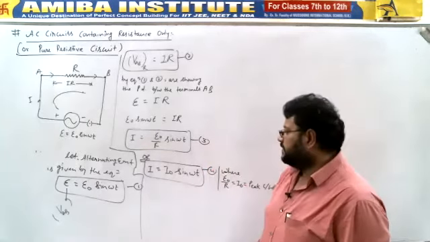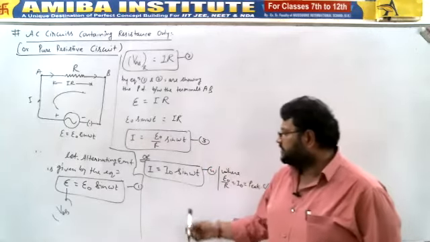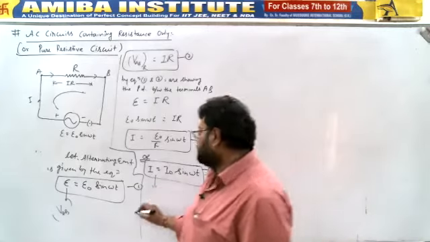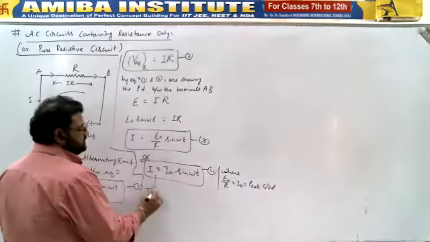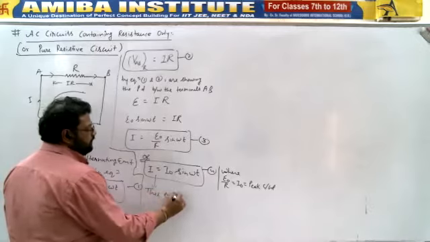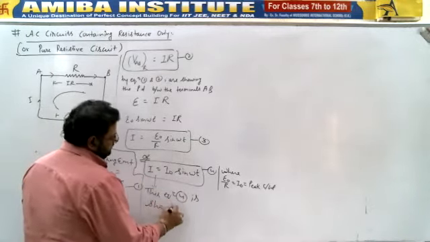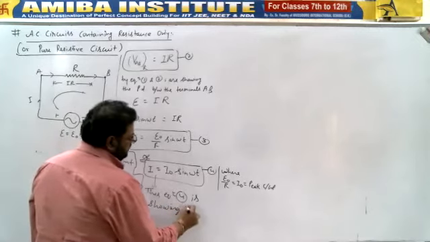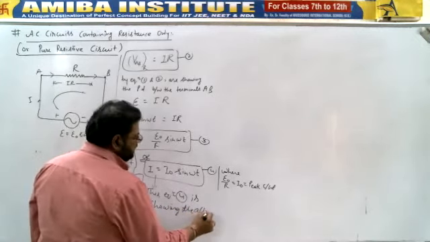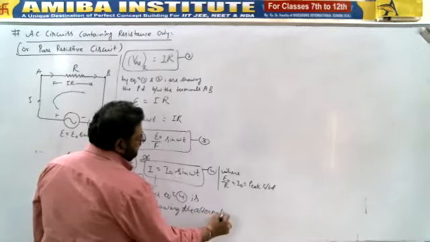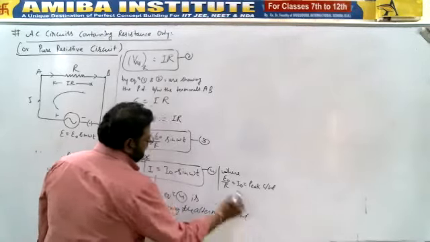So if I compare, equation 4 is showing the equation of alternating current in the circuit.